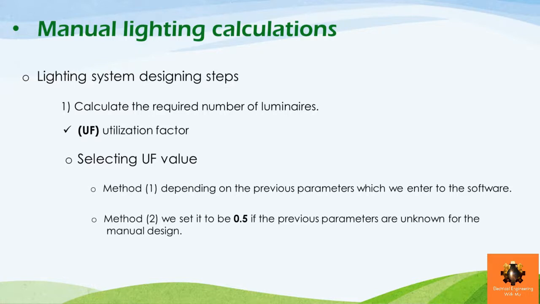And in that case, we are supposing the worst case to have a sufficient lighting system design, with a sufficient number of luminaires, which produces a sufficient number of lumens for illuminating the room we have. Alright, so in that way we can get all the parameters required for calculating the number of luminaires required for any place. This is to make the manual lighting system design.